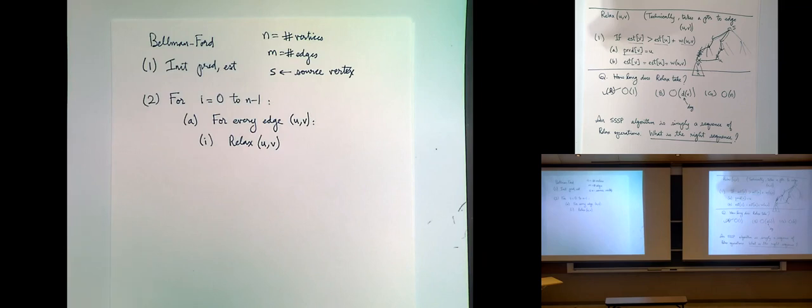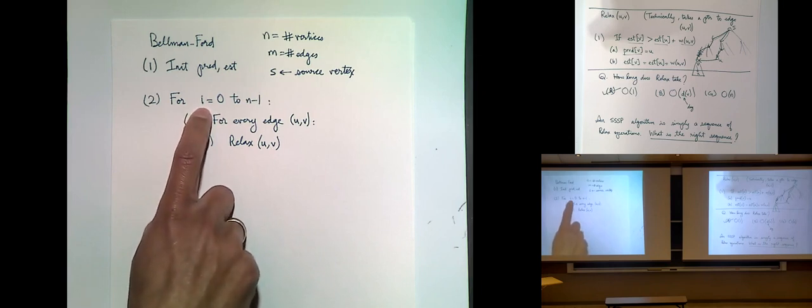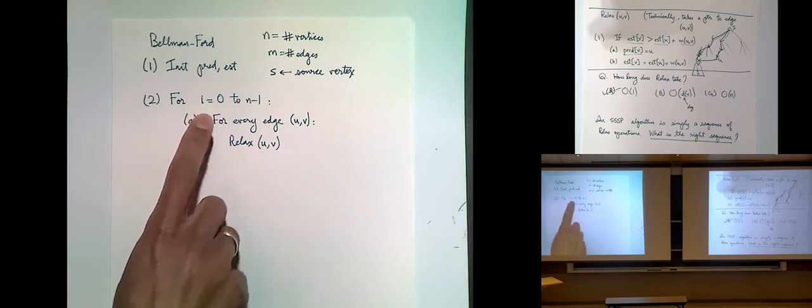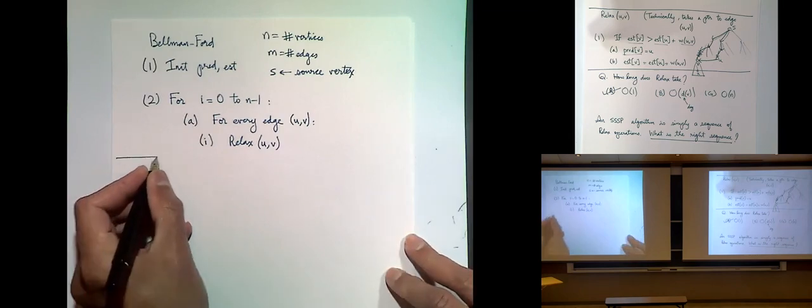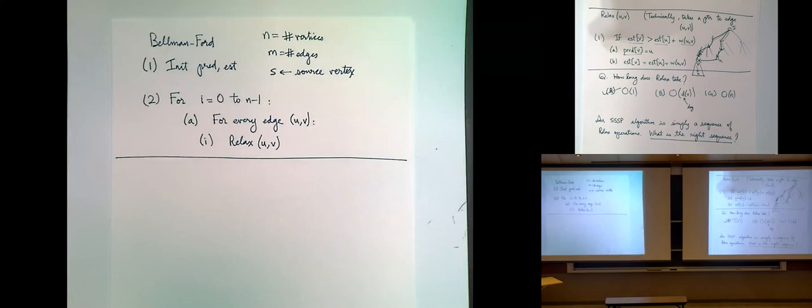Do it n times. The i isn't even that important. It's just saying do it n times. Make sense? It's probably not clear why this works. So you do this for every edge, and then you do the whole thing n times.